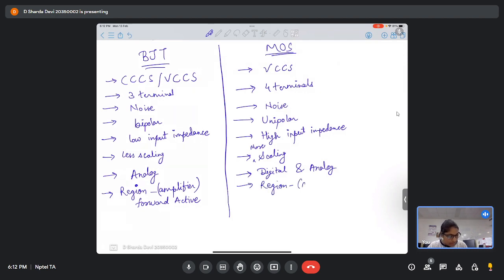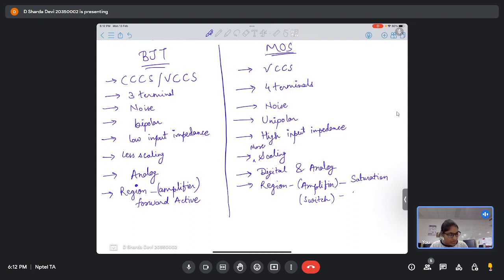for amplifiers, what is the region of operation in case of MOSFETs? Ma'am, on the digital side we use it just for switching on and off, so we use saturation regions for that. Okay, so for amplifiers also you use it in the saturation region, and in this course we'll explore MOSFET based amplifiers, so it will be even more clear.